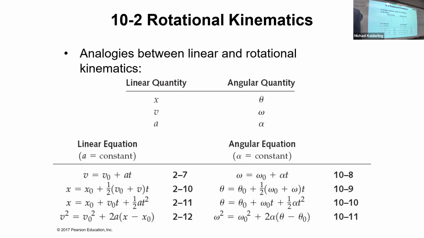Theta equals theta naught plus omega naught t plus 1/2 alpha t squared. And lastly, omega squared equals omega naught squared plus 2 alpha delta theta.